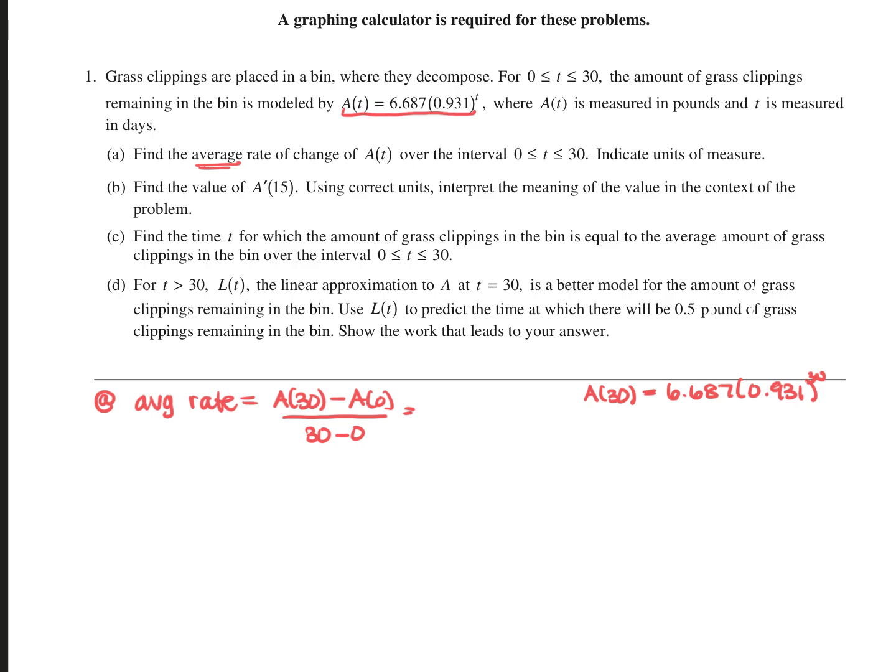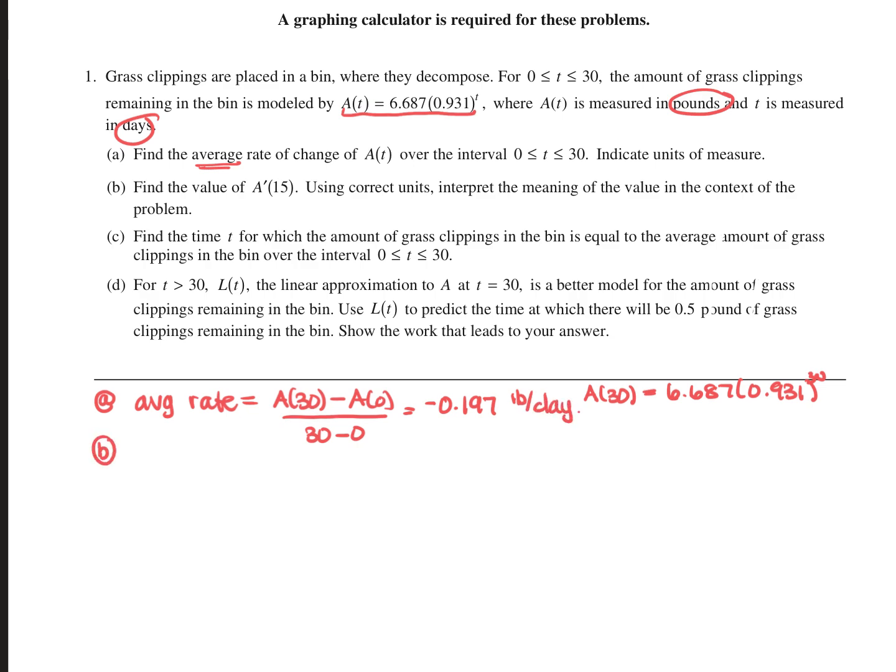And this works out to be negative 0.197. And this is a slope, so A was in terms of pounds, and time was in terms of days, so this is going to be pounds per day.